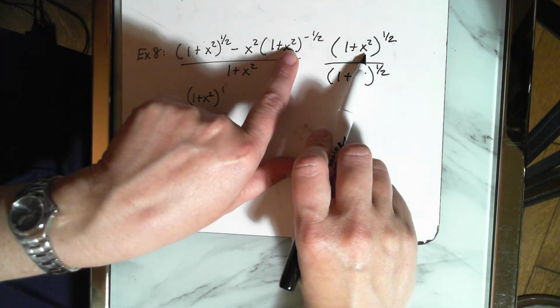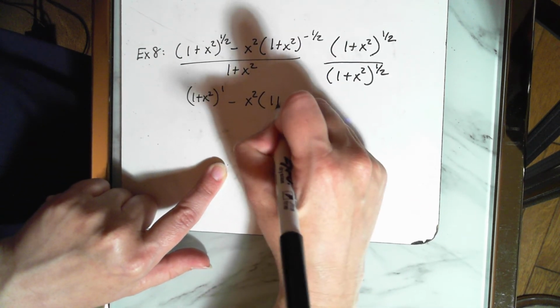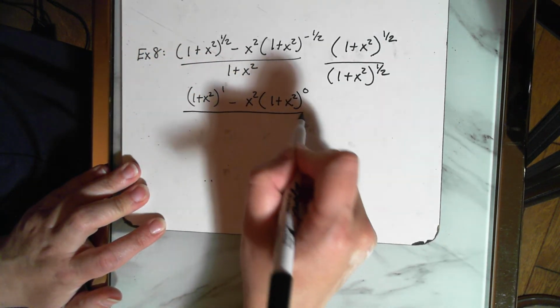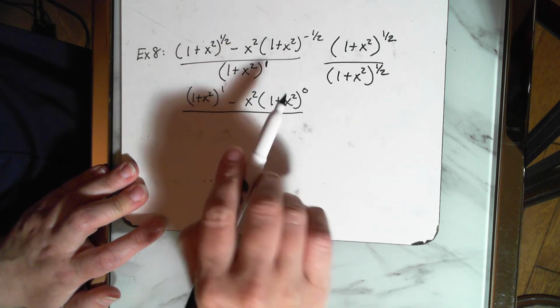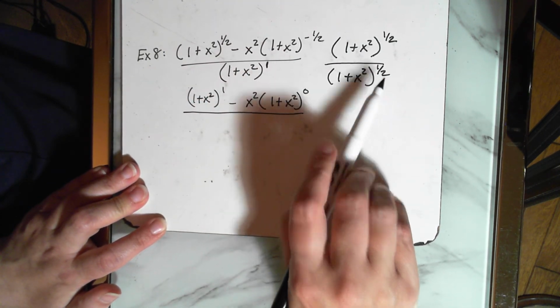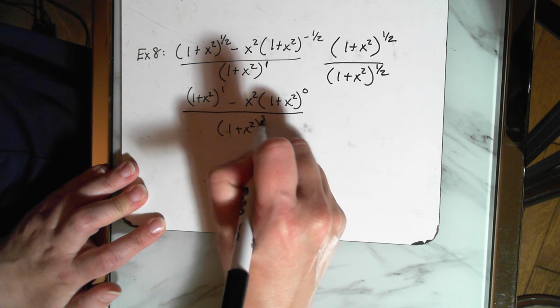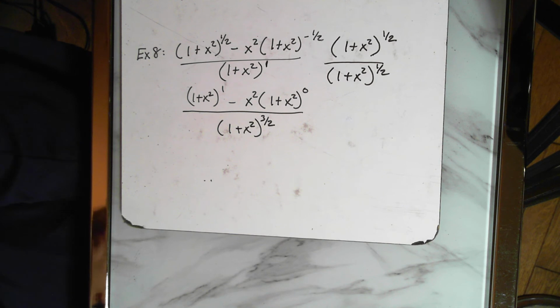These multiply together to get 1 plus x squared to the 0 power. And then in the denominator, this was 1 plus x squared to the first. So I need to add those exponents. So I get 1 plus x squared to the 3/2. I'm just going to leave it like that for now.